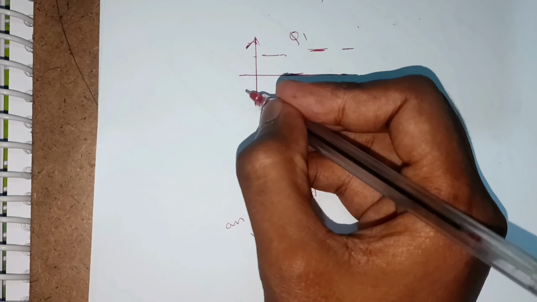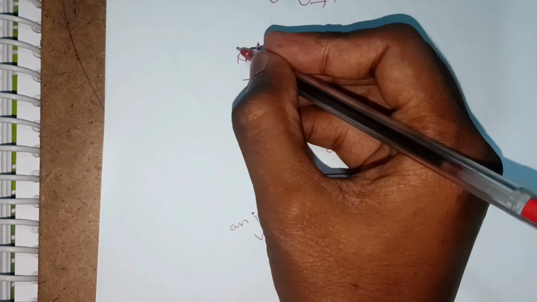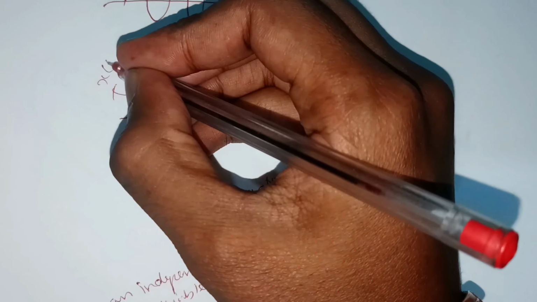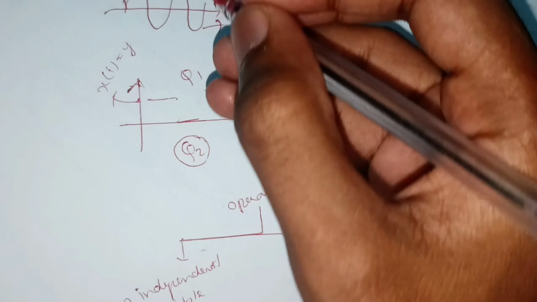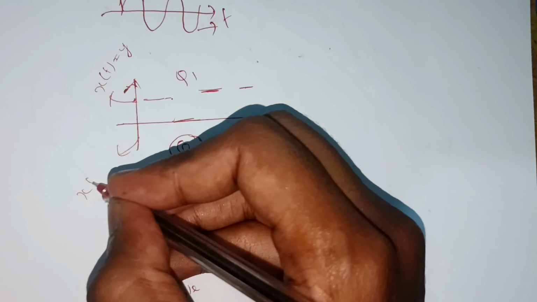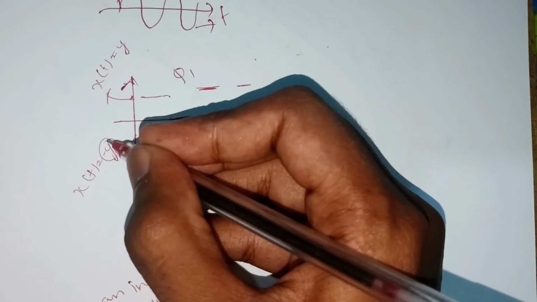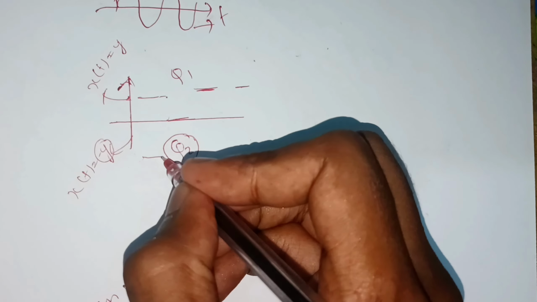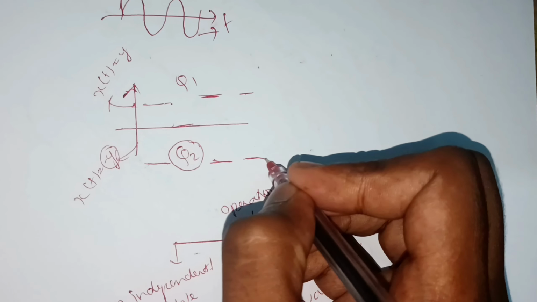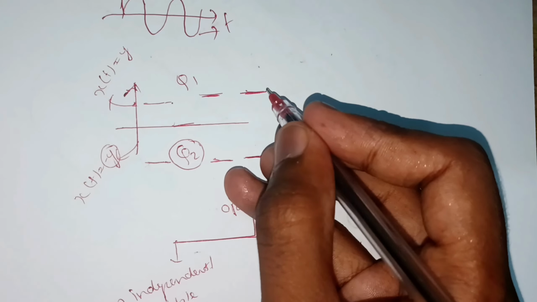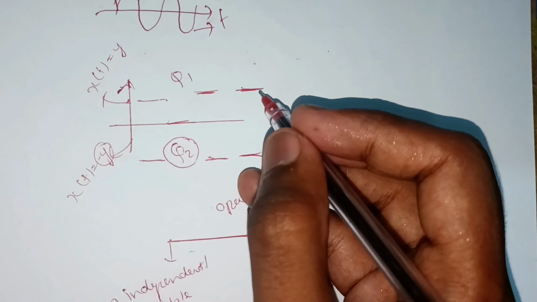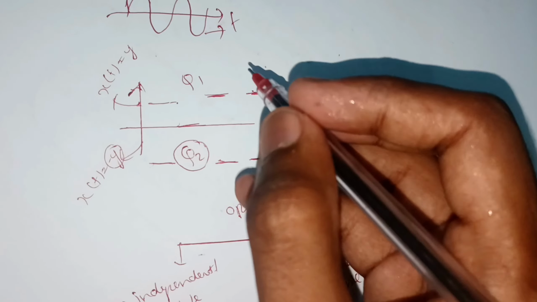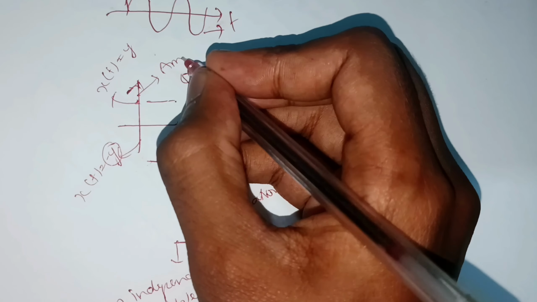Here x of t equal to y, here it is x of t equal to minus y. So it's the mirror image like this, horizontally, not vertically. It's horizontal reversal.